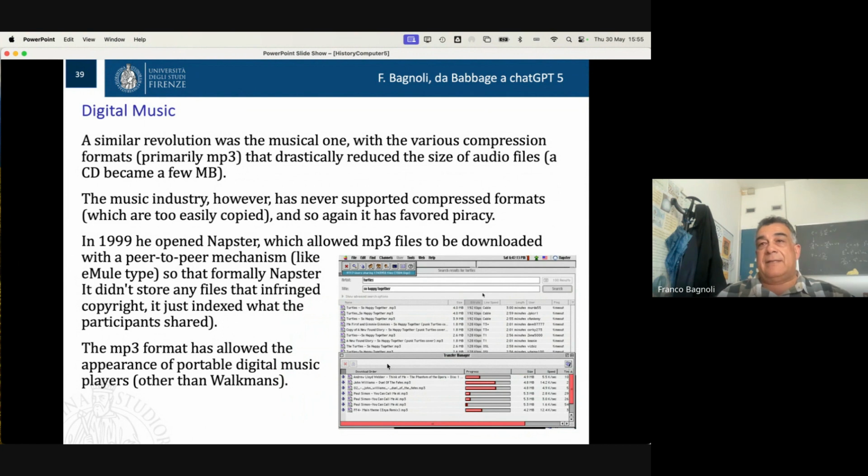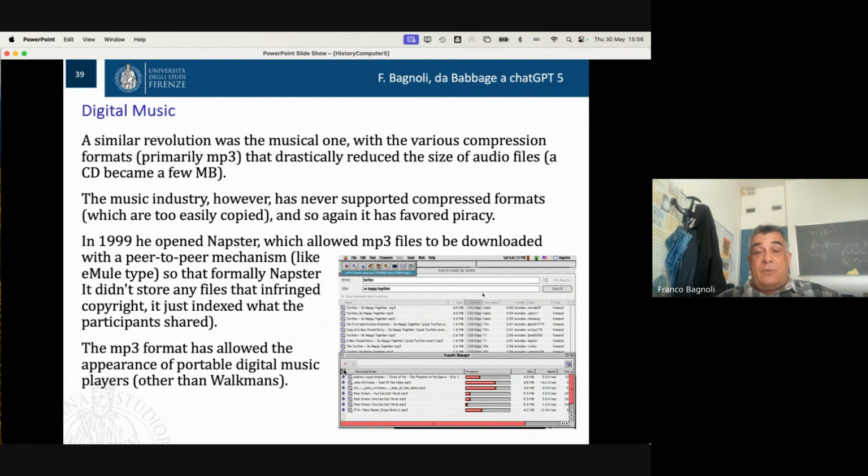It means that other people could let people copy files from their own hard disk, and Napster only furnished the indexing of these files.